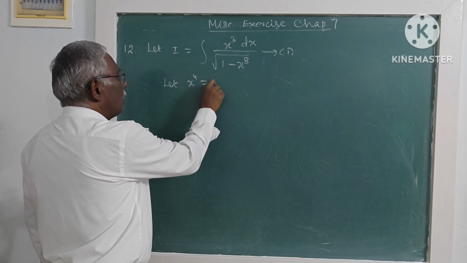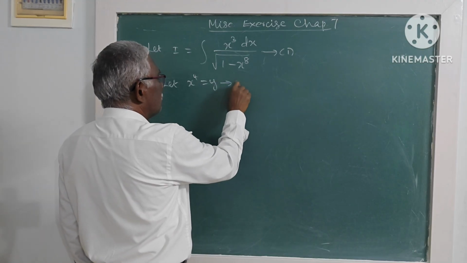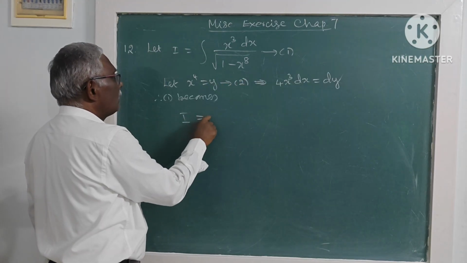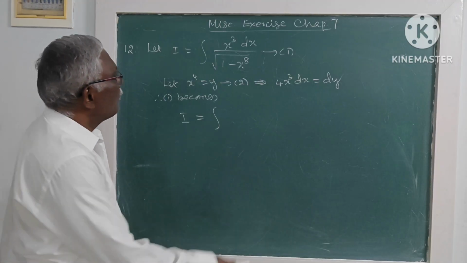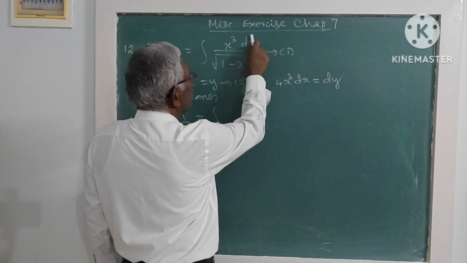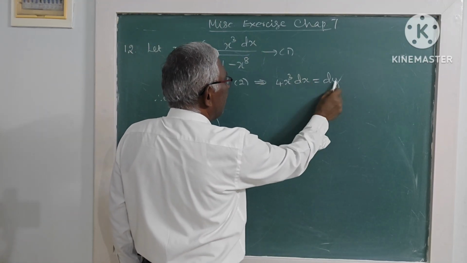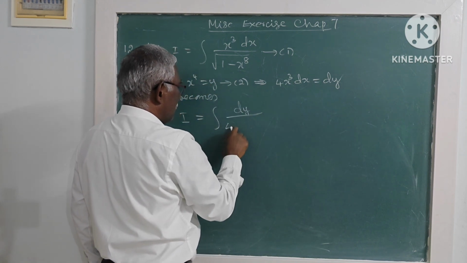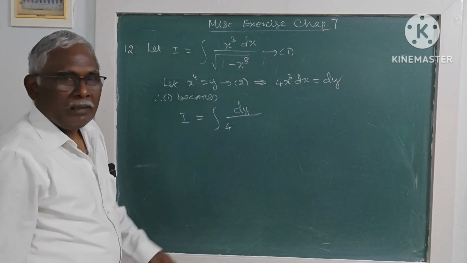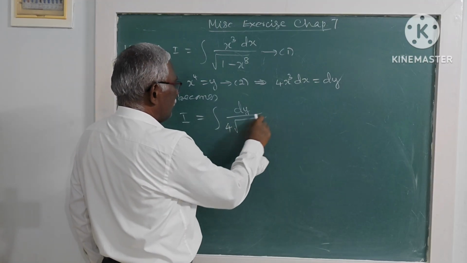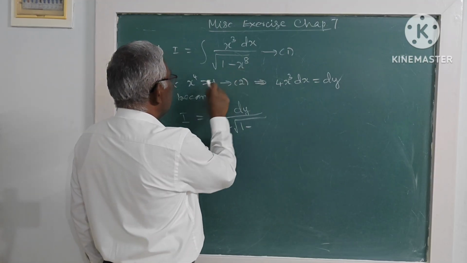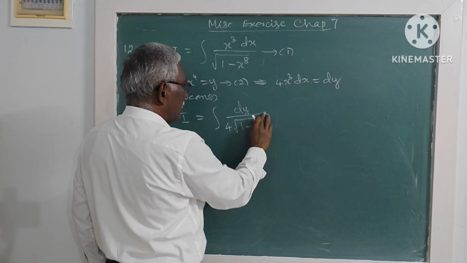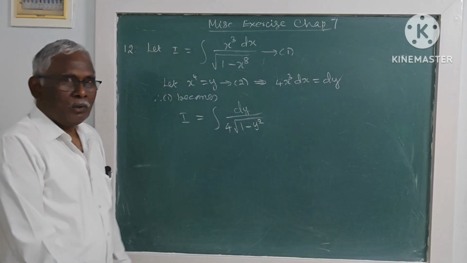So let x power 4 be y. Equal to integral, what is x cube dx? x cube dx is dy by 4. This will be square root of 1 minus x power 4 whole square, that is 1 minus y square.